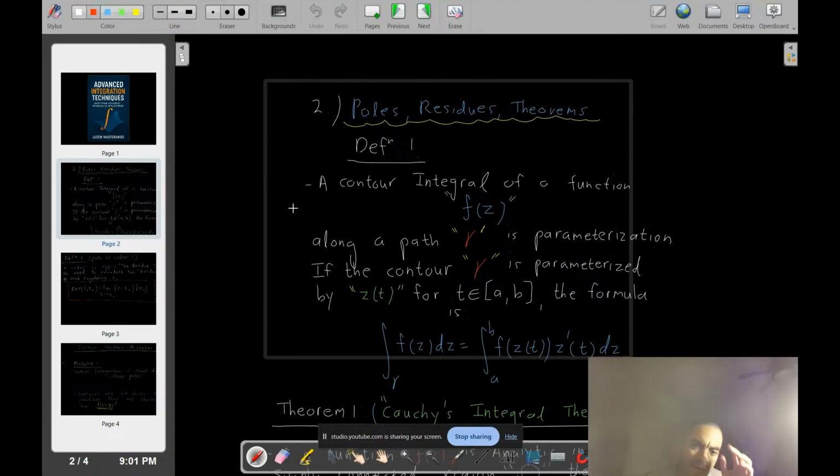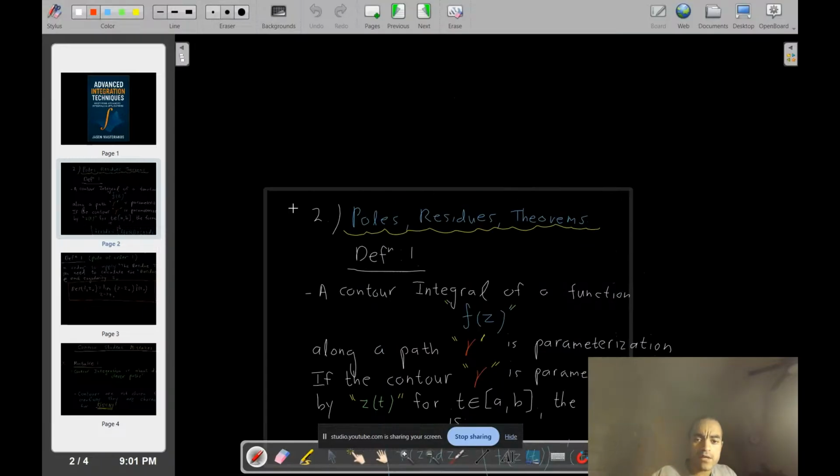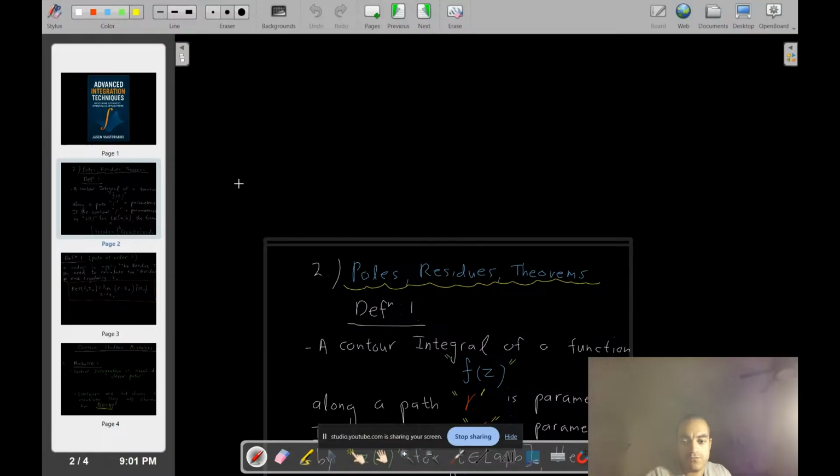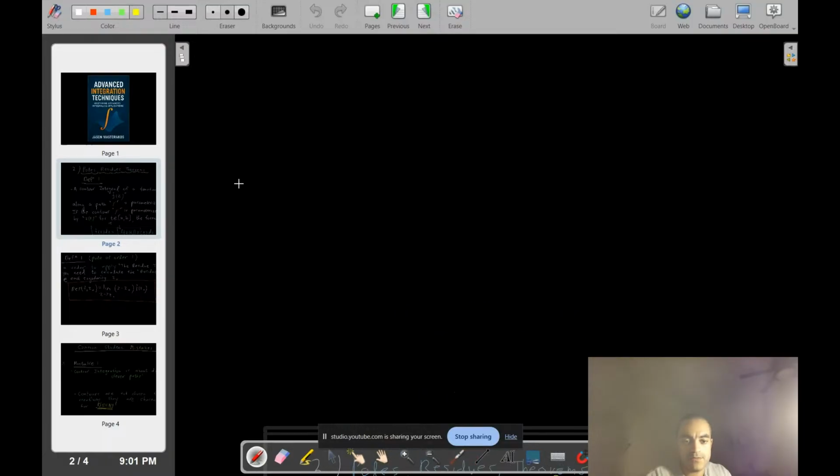Okay, so I think it's about time to talk about what a branch cut is. So let me talk about branch cuts and branch points. I should be saying poles, residues, theorems, but before getting to that, I should be talking about branch points.